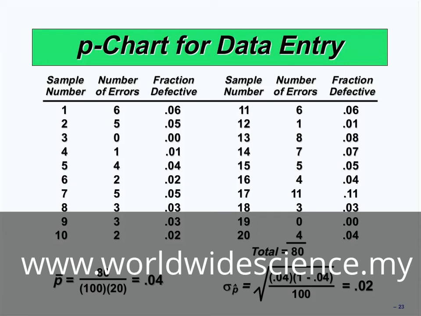In sample number 2, the number of defective was 5. 5 divided by 100 gives you 0.05. This is fraction defective, P1, P2. In sample 3, P was 0 because the number of errors was 0. In number 4, only one product was defective, so the fraction defective P is 0.01.